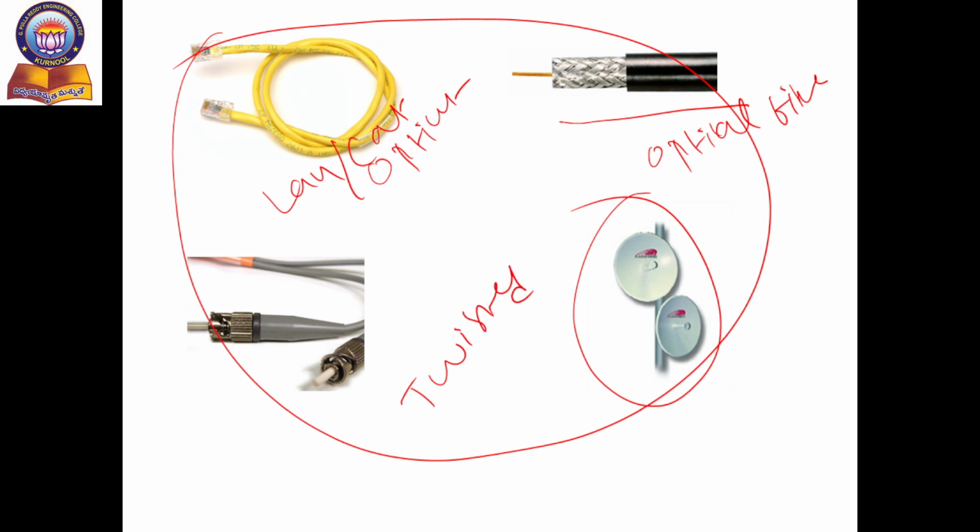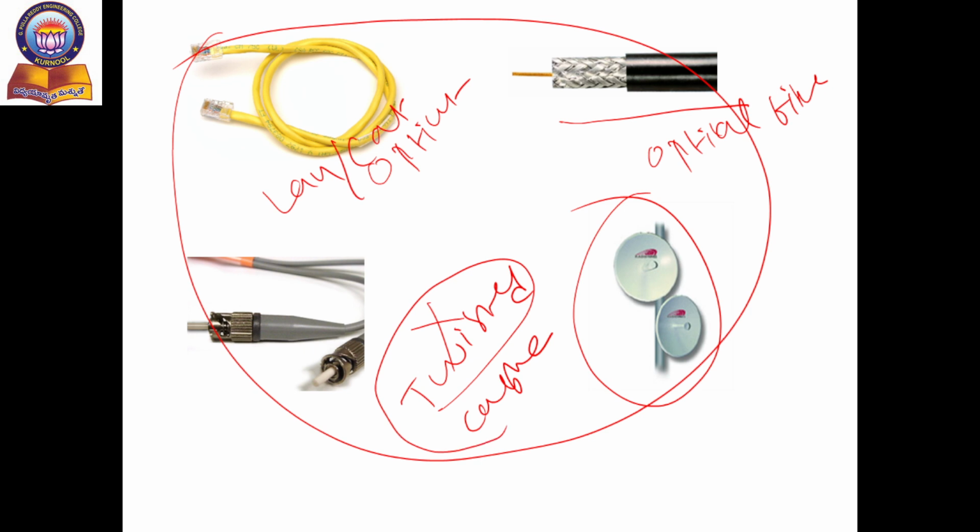This is an old version of cable we used for transmission in the olden days. Right now we are not using this twisted pair cable because it transfers at a very low rate compared to optical fiber, since the twisted pair cable is made up of copper wires.